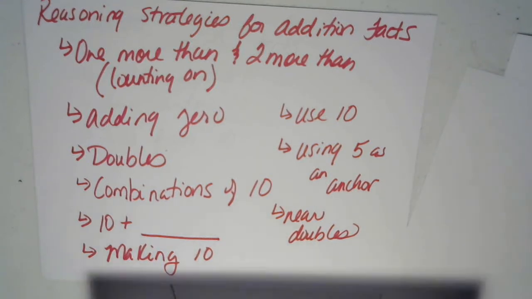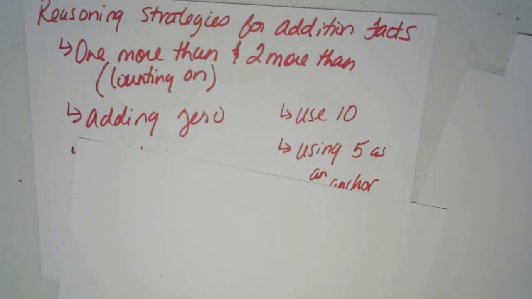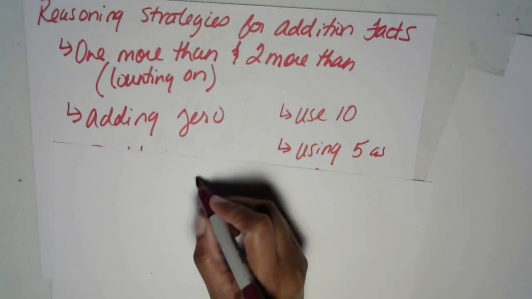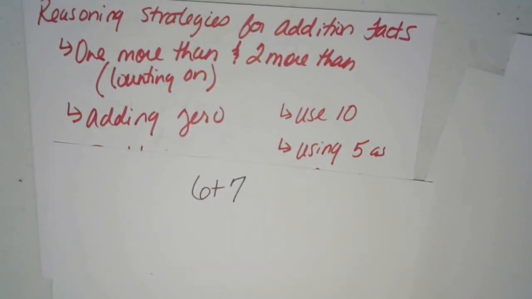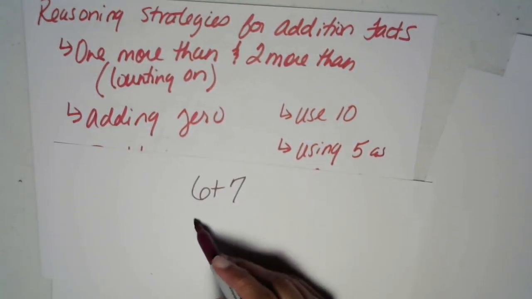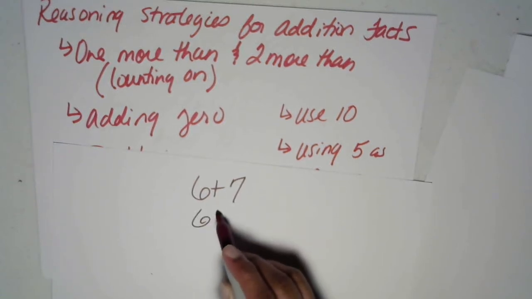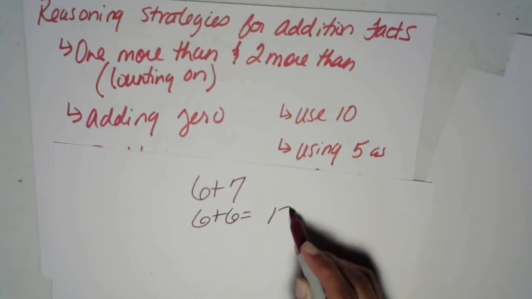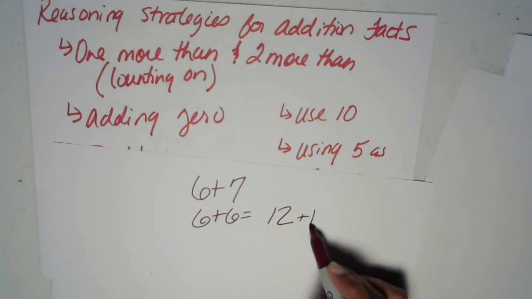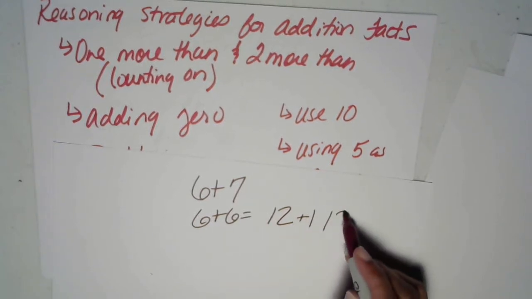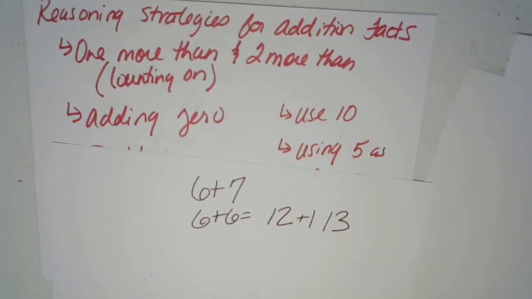Here's near doubles. Near doubles is 6 plus 7. So we can do 6 and 6, which is a double, which is 12. And then we have 7, which is one more than 6, so 13. I could do that mentally.